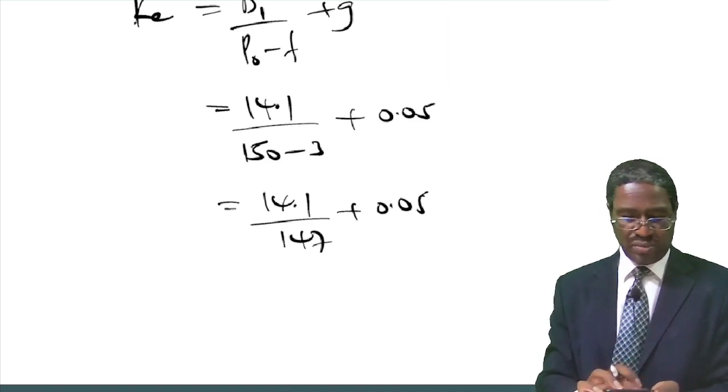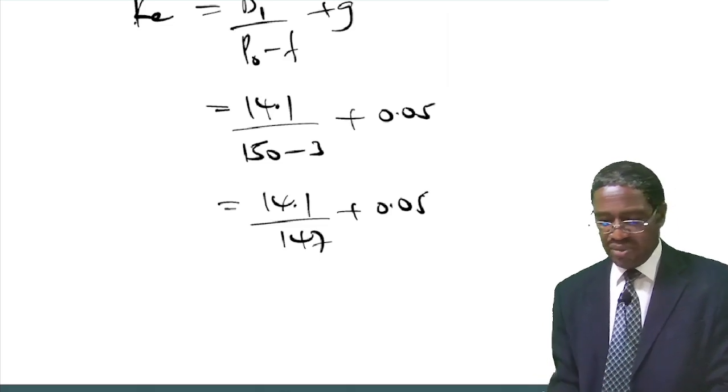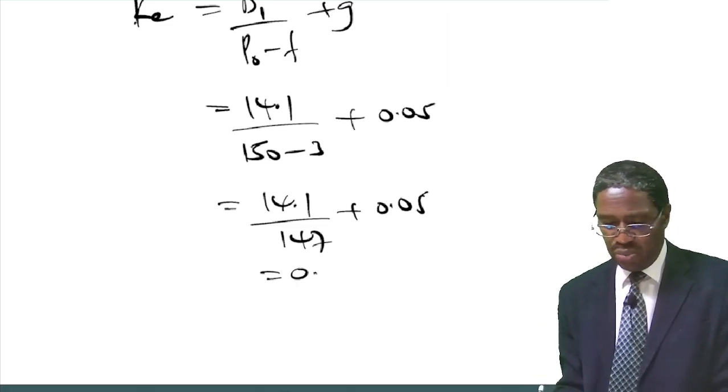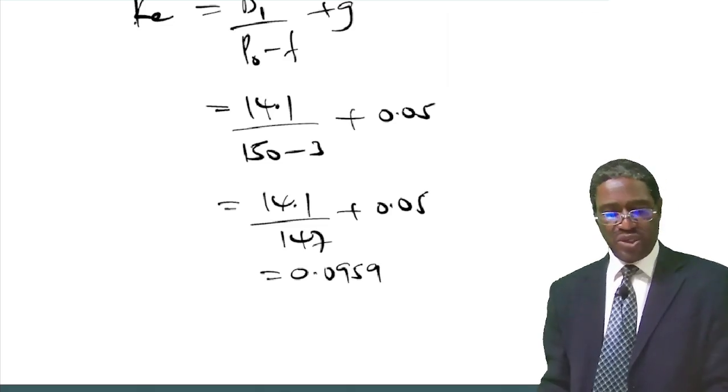If I divide 14.1 by 147, I'm getting something like 0.0959, to 4 decimal points.